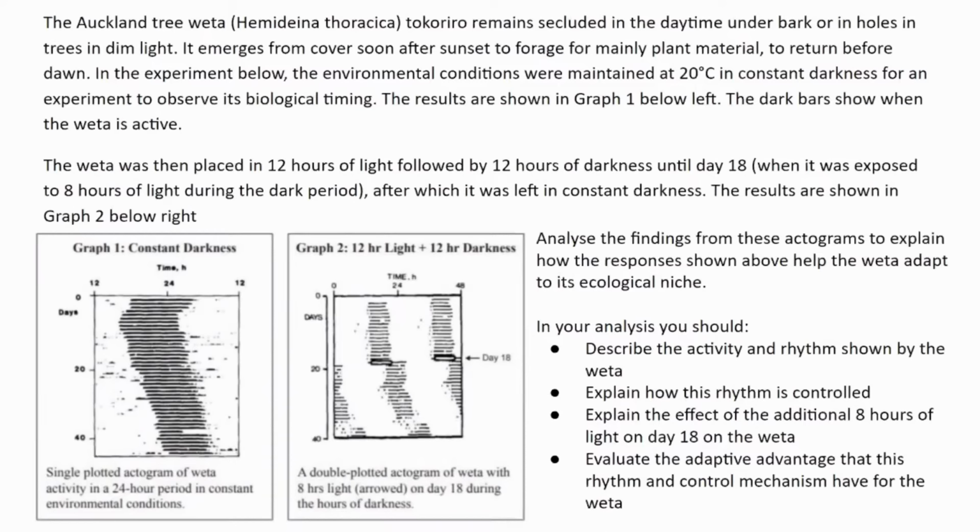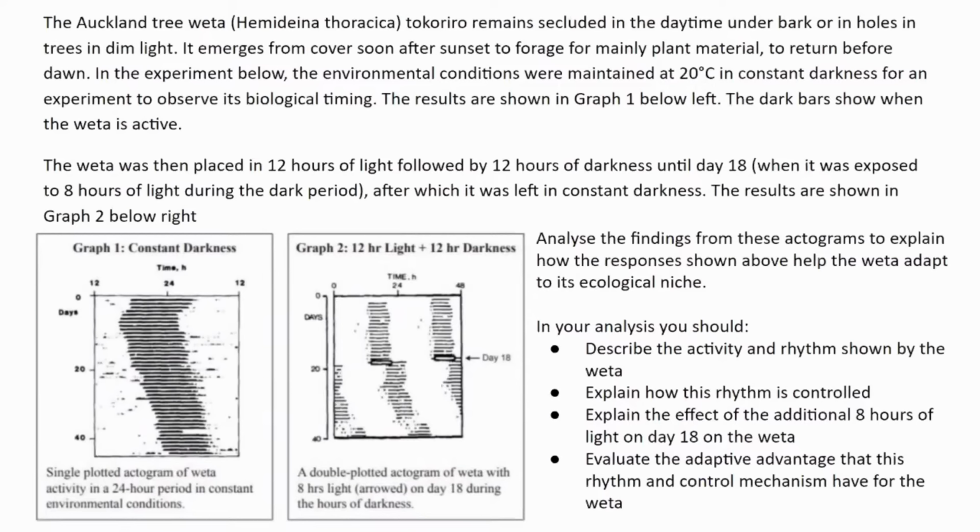Our how, okay, is what we can talk about with what's happening in the graphs. Okay, so it's really important that you use these actigrams. They wouldn't have given you them if they didn't want you to specifically talk about them. So explain how the rhythm is controlled. Well, we can see from graph 1 that it's going to have an internal rhythm, an internal biological clock.